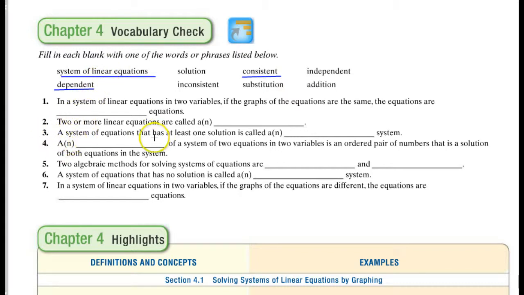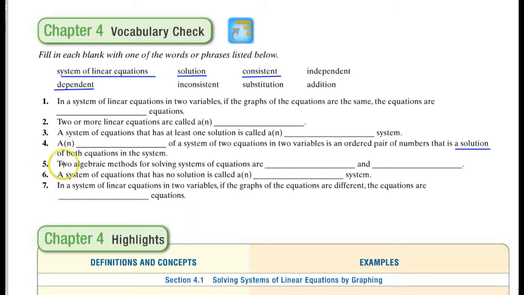Number 4, what of a system of 2 equations in 2 variables is an ordered pair of numbers that is a solution for both equations in the system? Well, I think they're using the word solution here, although it's given right there. Again, we may have to go back on that.